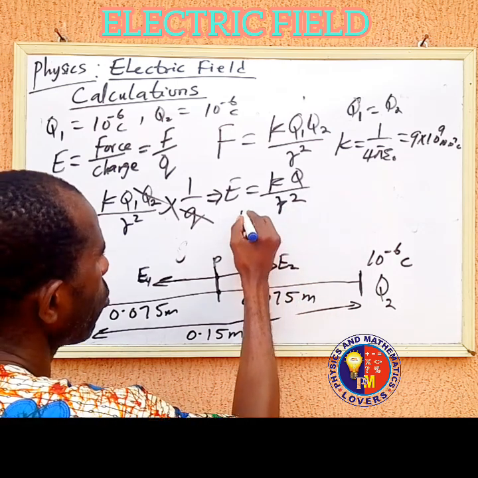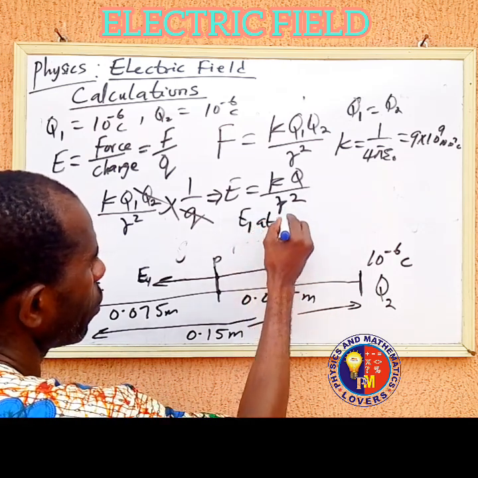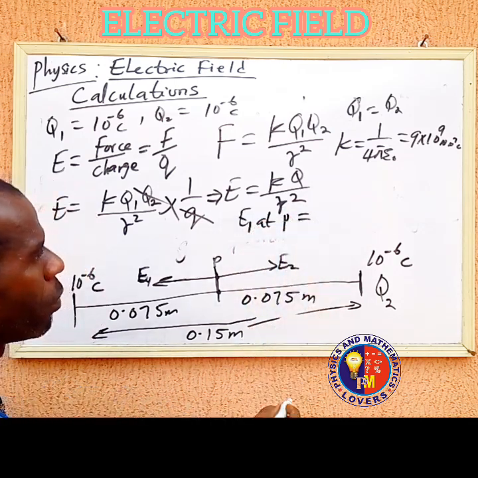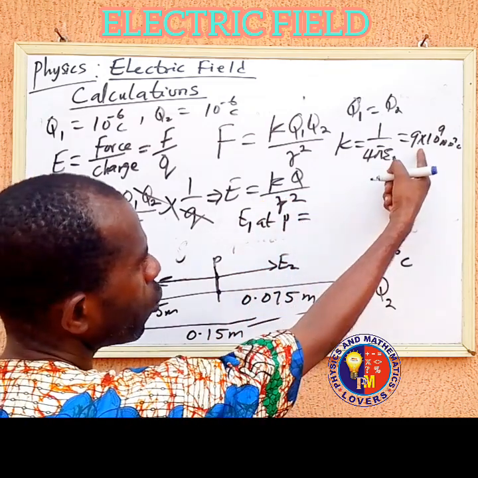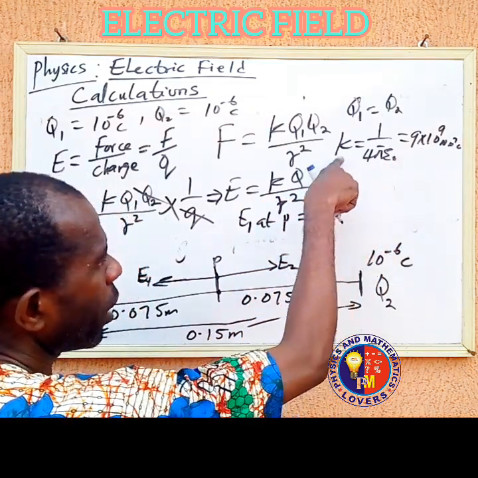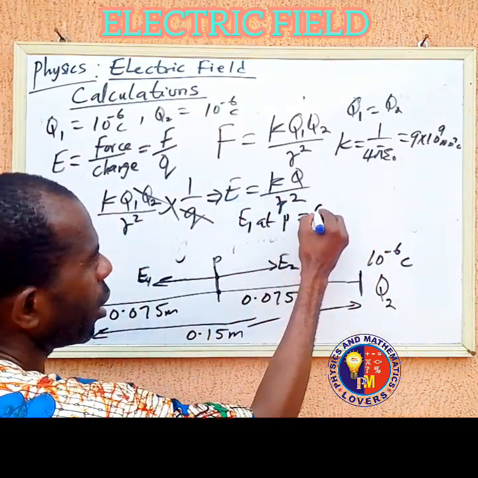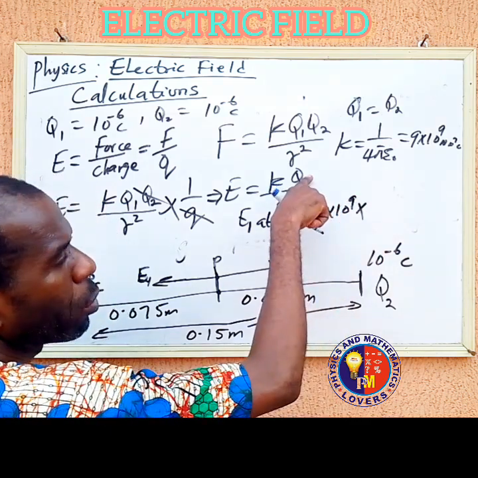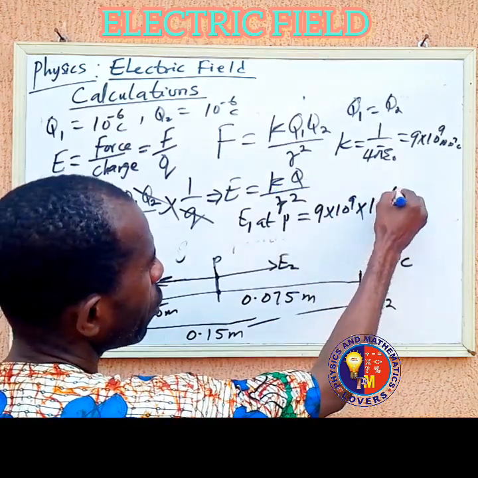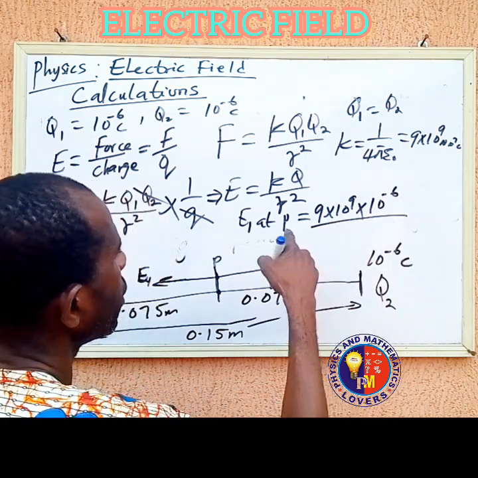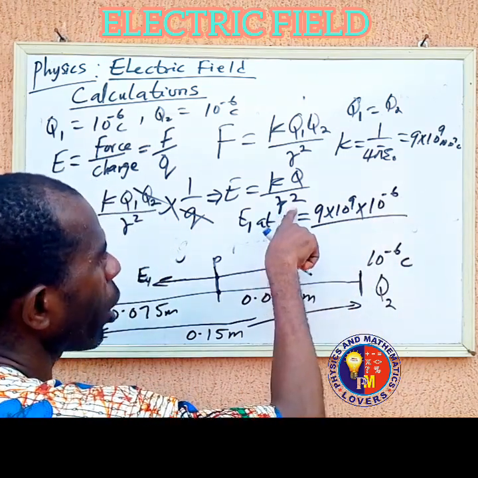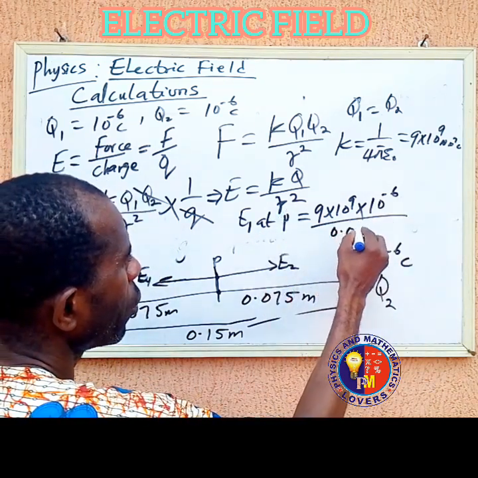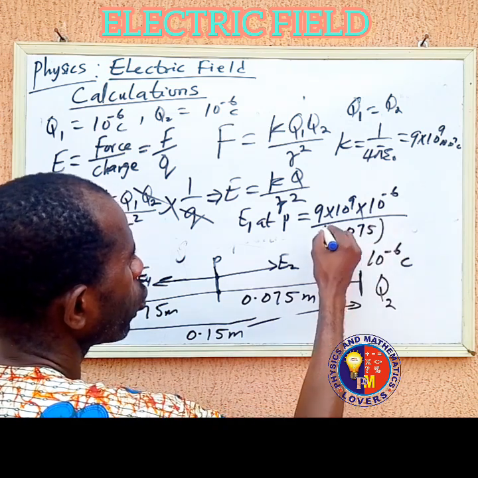So our E1 at P is equal to this constant, 9 times 10 raised to the power 9, times Q, which is 10 raised to the power minus 6, all over R squared, 0.075 all squared.